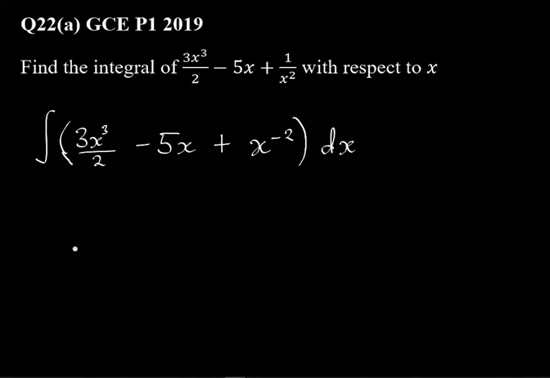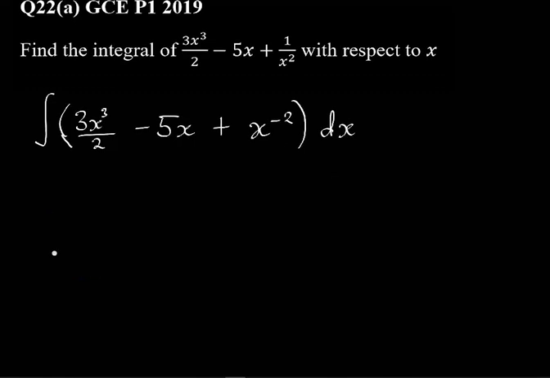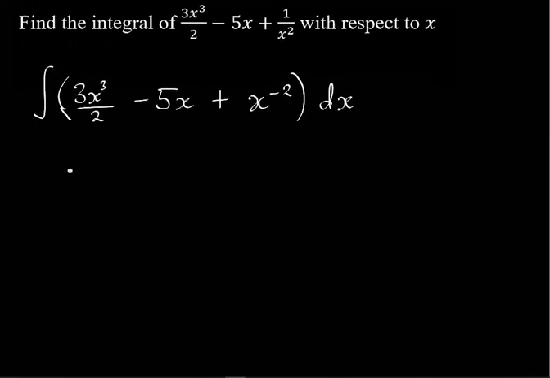This time I'm not going to be doing all the writing. You can write extra to prevent some mistakes, but after you do this a couple of times, I think you'll be comfortable. So we have the 3x to the power 3 plus 1, and then I divide. Remember, I've got a 2 there, then I'm going to multiply by 3 plus 1.